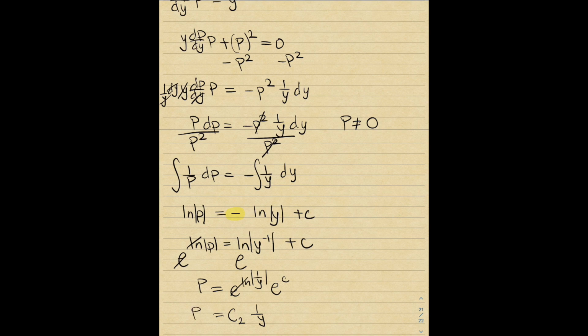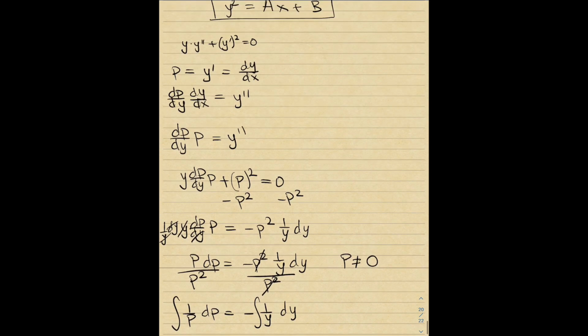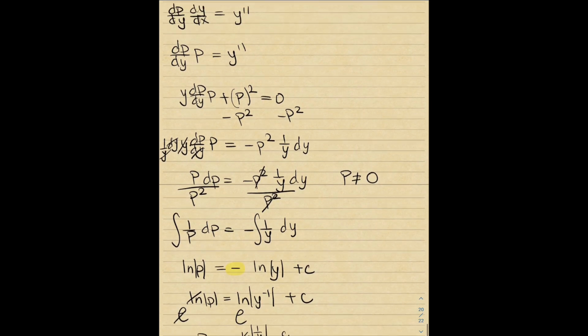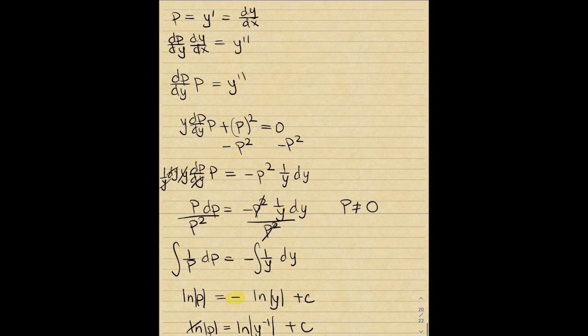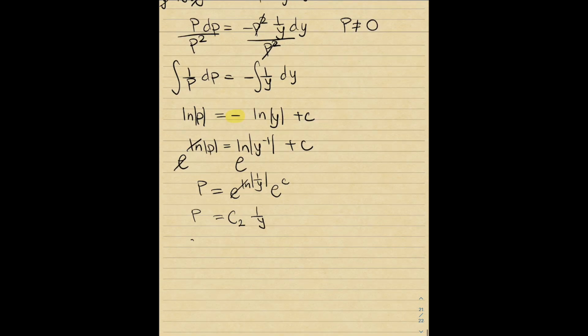So we have p on one side, so we can go ahead and substitute it back to the original, which is right here. So it's equal to dy/dx. We have constant 2 times 1 over y.